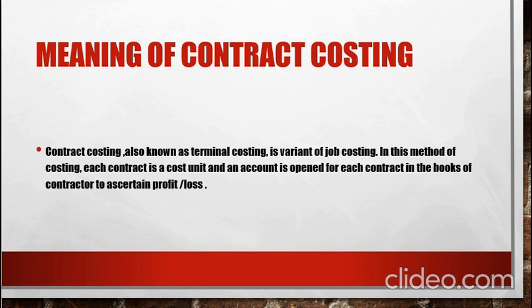So in this chapter, when we are talking about contract costing, there is involvement of three people: owner, architect, contractor. The owner is called the contractee, who is giving the contract to the architect to finish the task. Then the architect will be called the contractor.